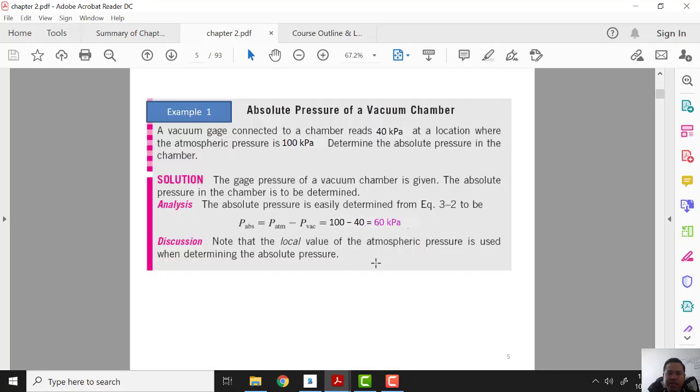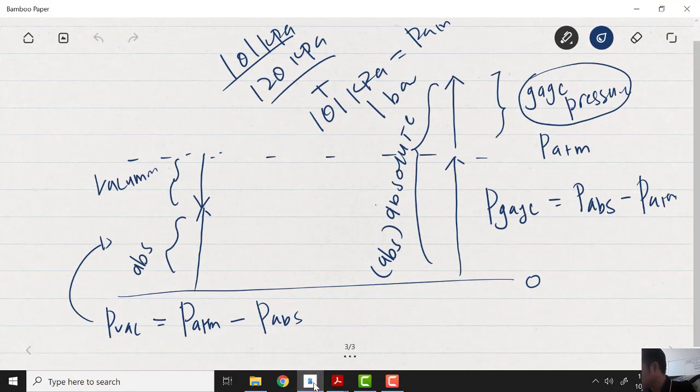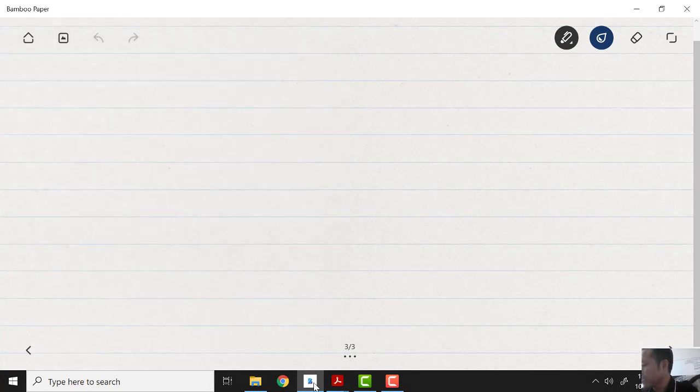So next we'll be looking at example 1. We have a vacuum gauge connected to a chamber reading 40 kilopascal, at a location where atmospheric pressure is 100 kilopascal. Determine the absolute pressure in this chamber. It's a very easy equation. We have a chamber.